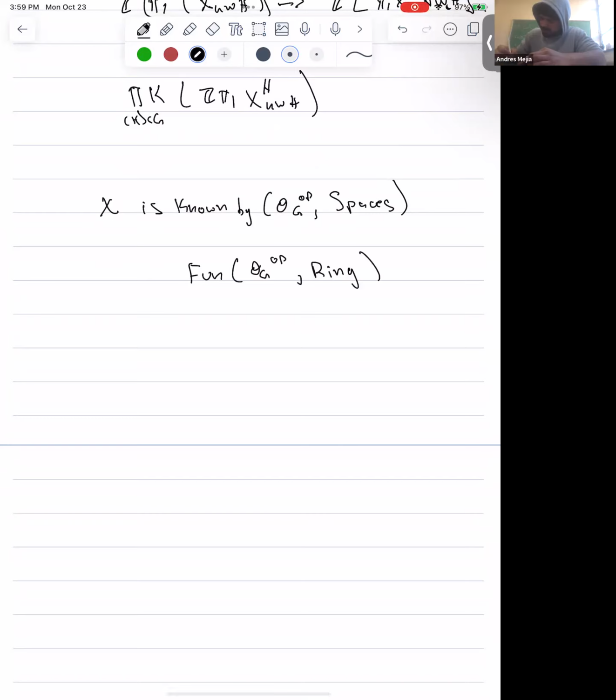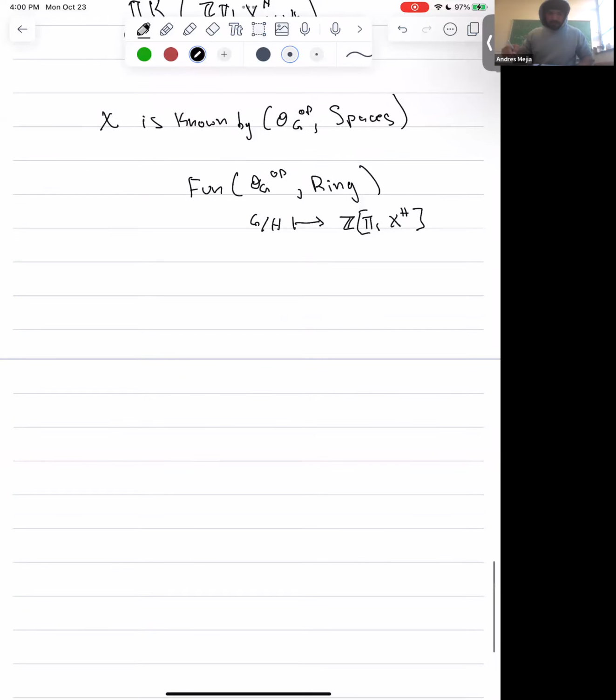And the assignment here is basically that we just send G mod H. And we took a little bit of work to figure out, for example, what the projective or perfect modules over things like this looked like. But barring those kinds of conditions, this is really just what should be the receptacle for any linearization map. And how much time do I have? Oh, I have time. Okay, cool.